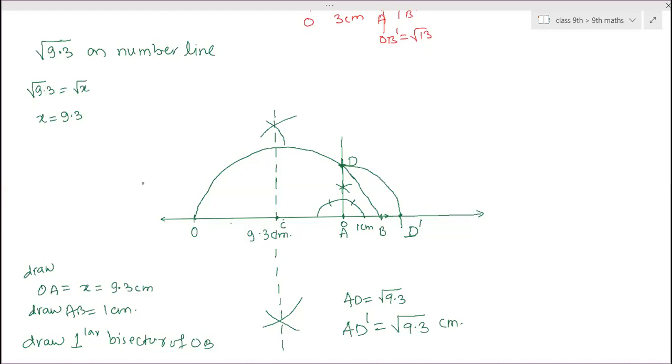When we draw the bisector, we take it as OA or OB? Bisector of OB.